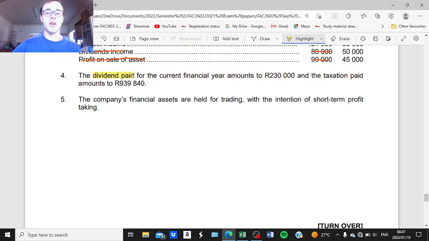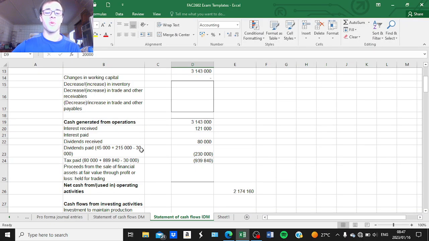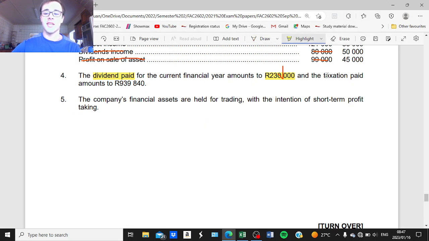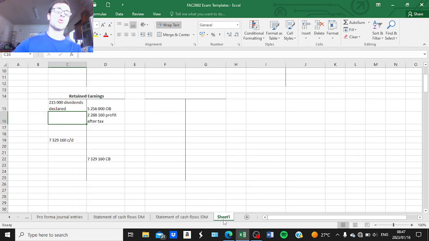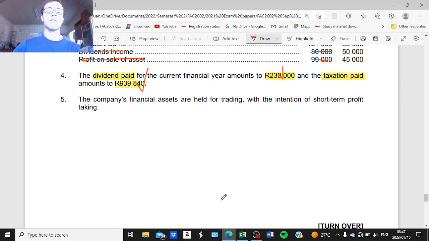The dividend paid for the current financial year amounts to 230,000, which we have calculated correctly, and taxation paid amounts to 939,840, which we also have calculated previously. So additional information point 4 just confirms the correctness of those two amounts.